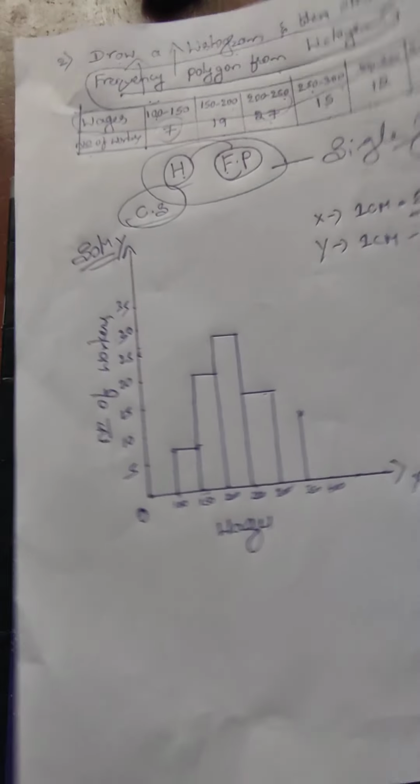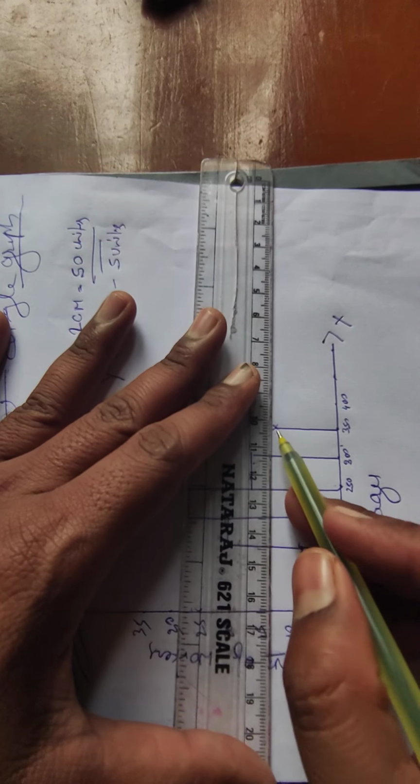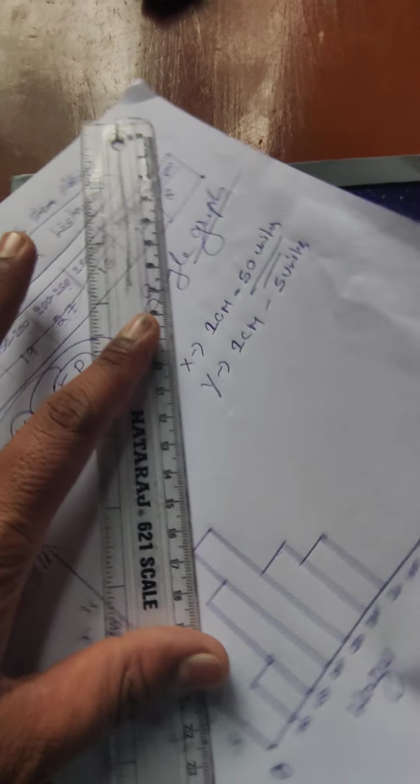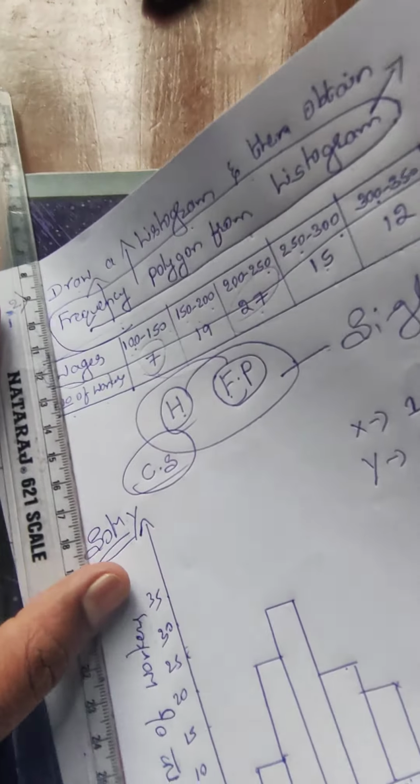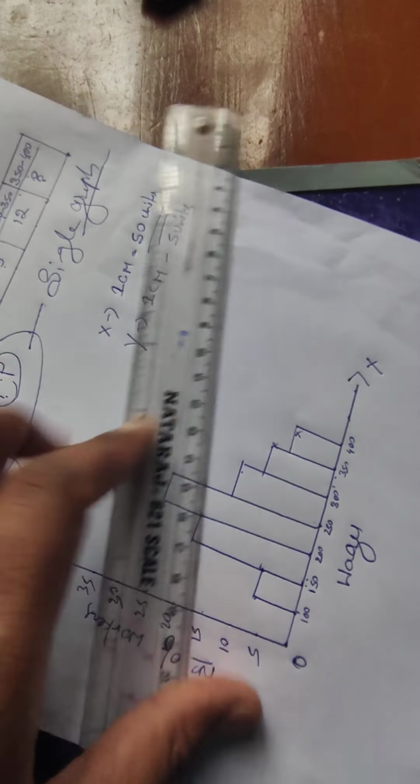You have to connect to the previous values. Next, 350 to 400, the number of workers is 8. We have to connect to the previous class intervals.